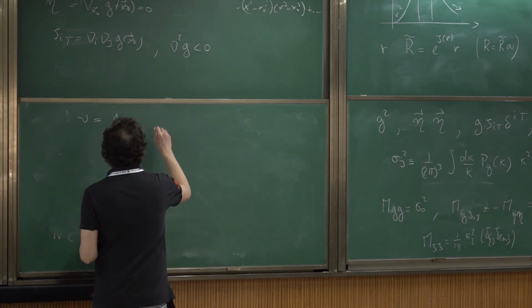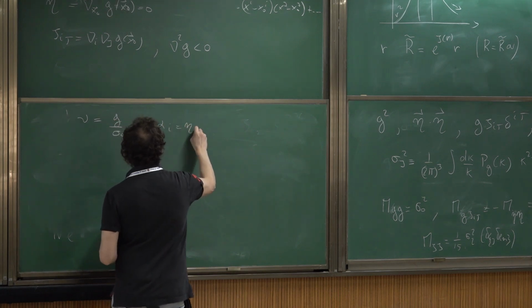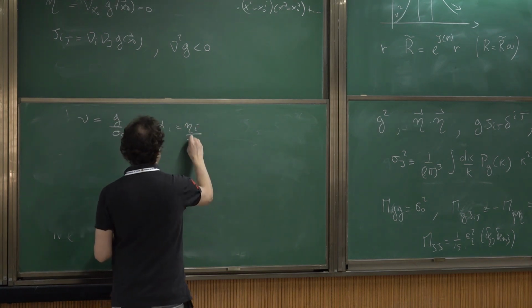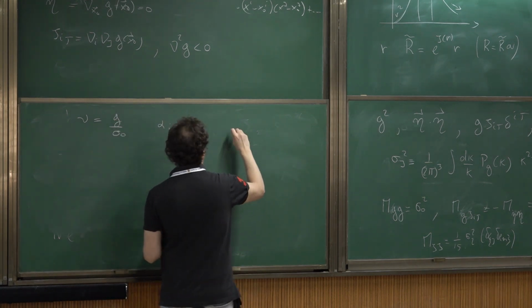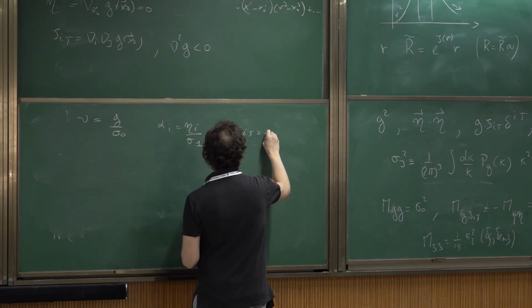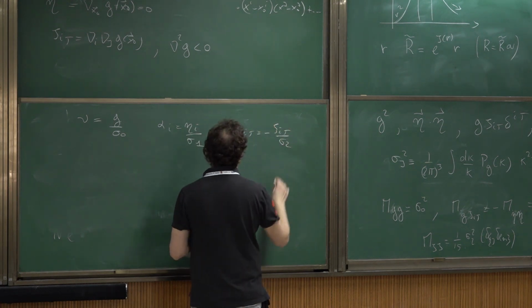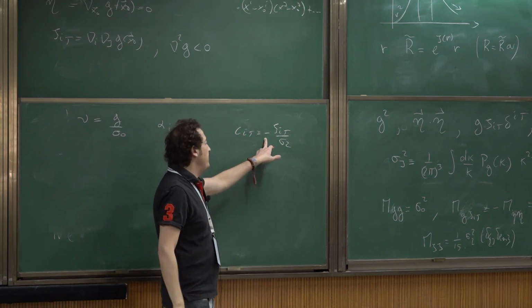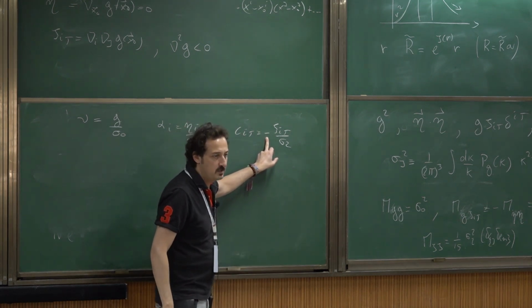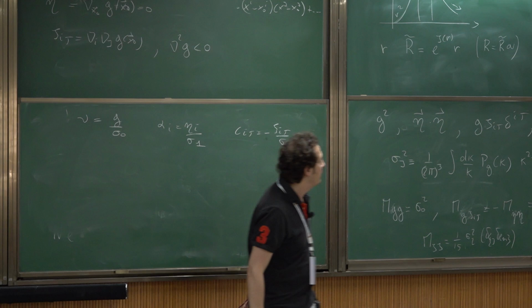Then we use alpha i equal to eta i divided by sigma 1, and we define Cij equal to minus psi ij divided by sigma 2. I put a minus here because I want the eigenvalues positive, just because I don't like the negative thing.